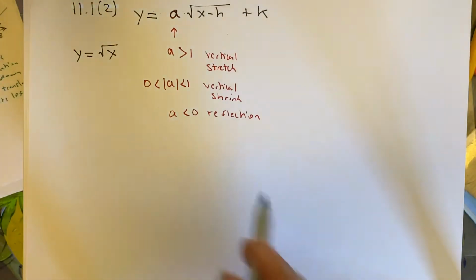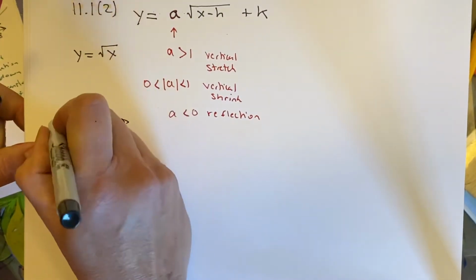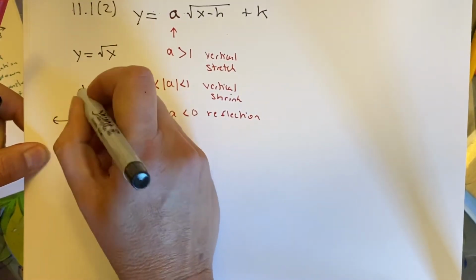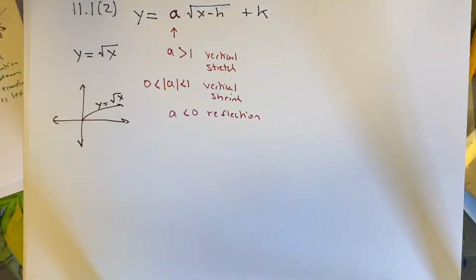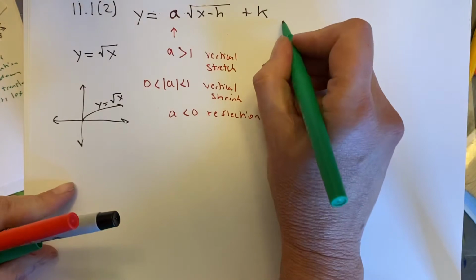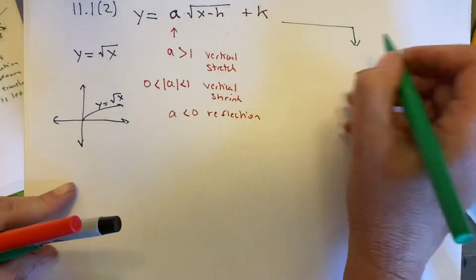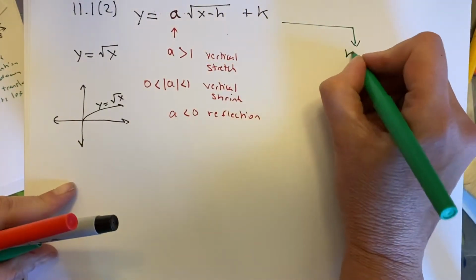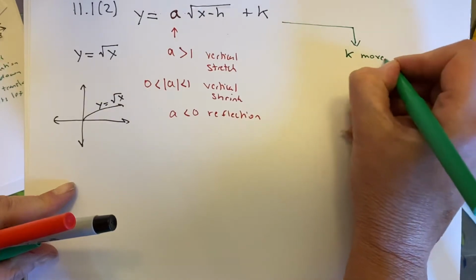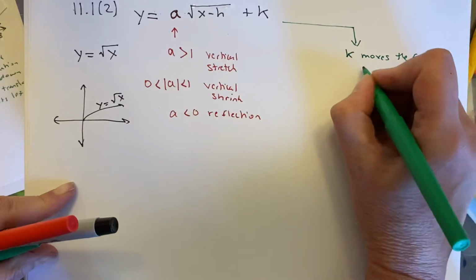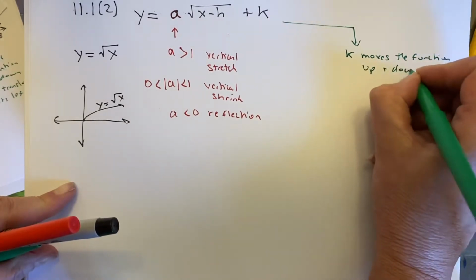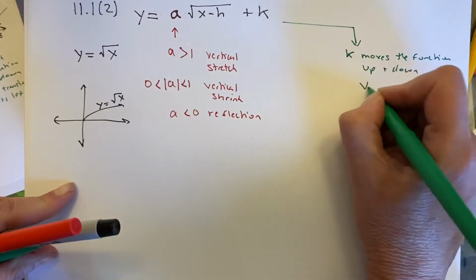And if you remember the basic function, just to look at the basic shape of the function, it looked like this. And everything else is a change from that. We also looked at what happened with K. And K, we found, moves the function up and down. In other words, what we call vertical translation.